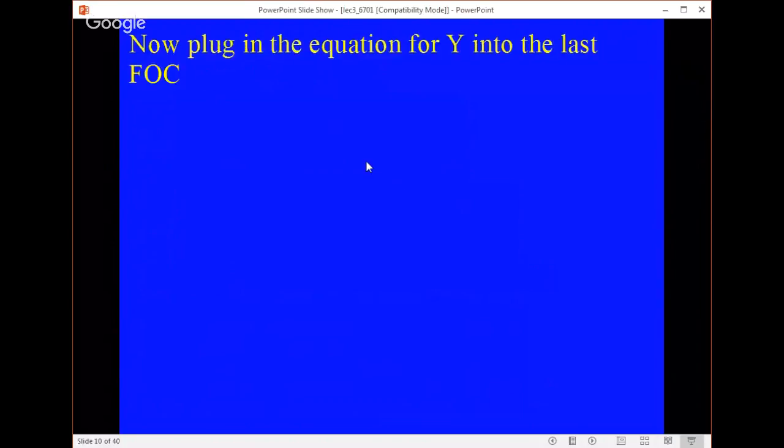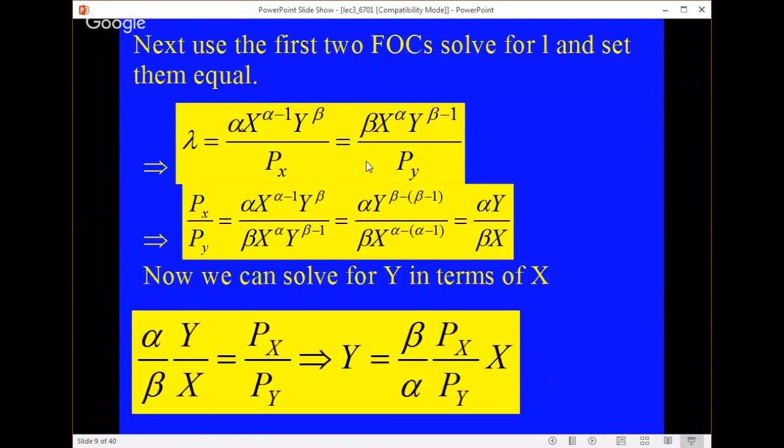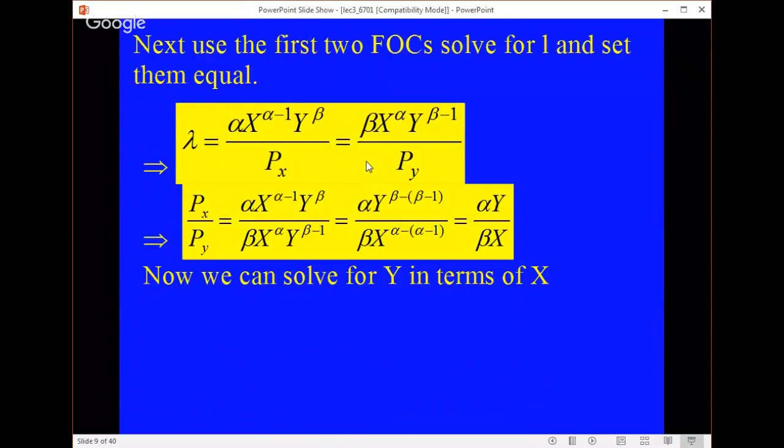I can multiply both sides by px, and divide both sides by beta x to the alpha, y to the beta minus 1 power. So I get the ratio of prices, and I get the same thing that we got last time. The ratio of prices is equal to the ratio of marginal utilities.